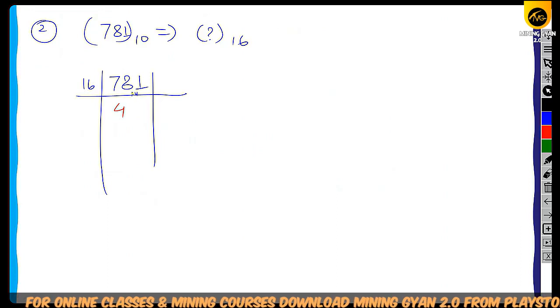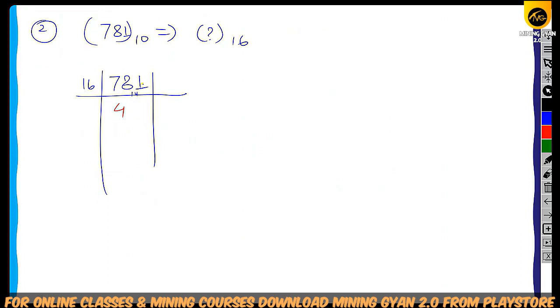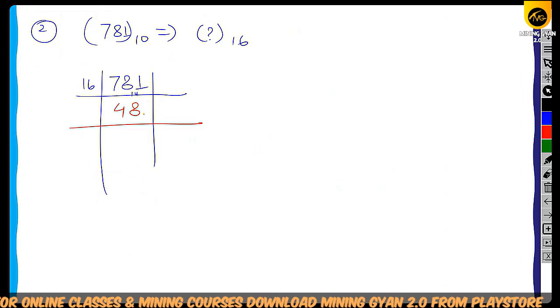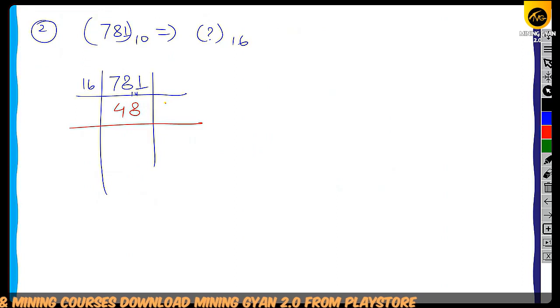So 141. 16 times 8 is 128, and 141 minus 128 is 13, so 13 is the remainder.